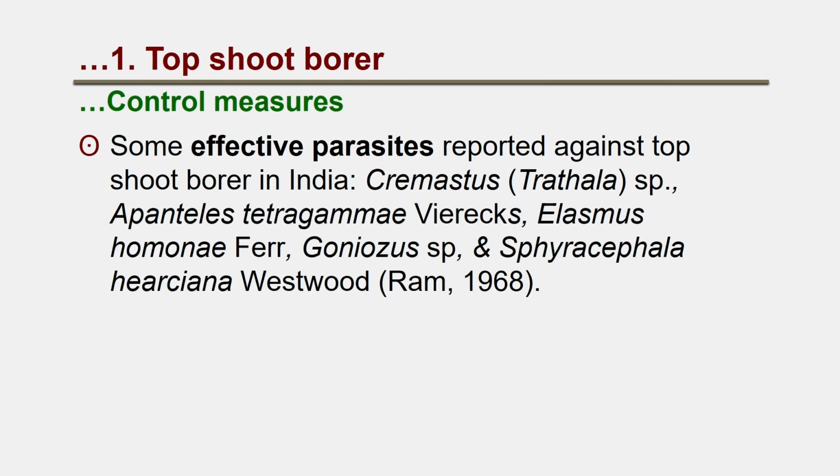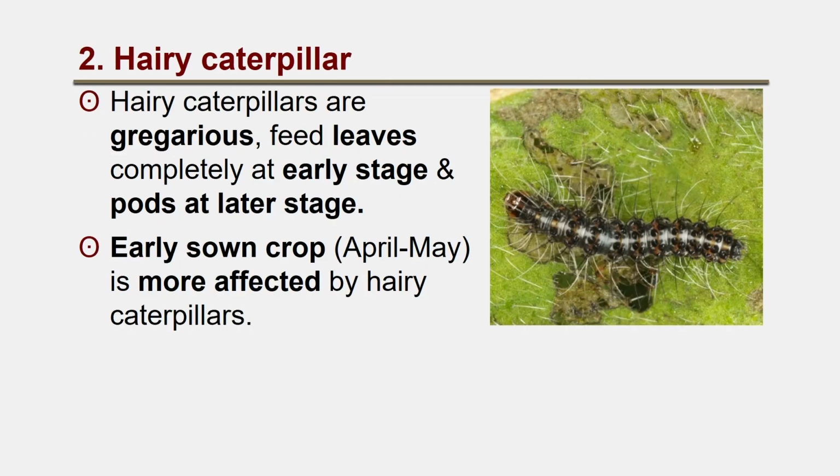Some effective parasites reported against top shoot borer in India are Cremastus, Tetrastichus, and there are many more natural parasites which can control this insect.